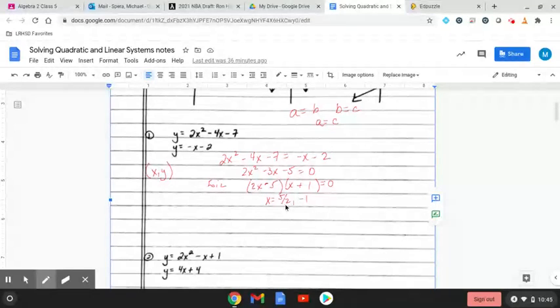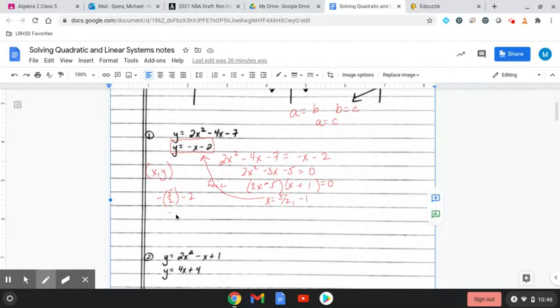So once we find our x values, we then have to plug them into either equation. It makes more sense to plug into this one because there's less going on. One at a time, we'll start with 5 halves minus 2.